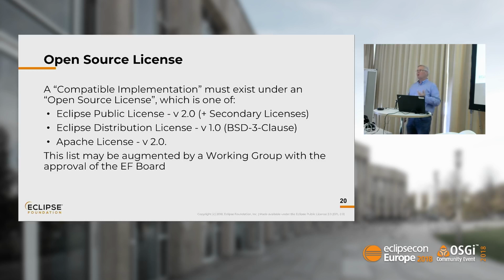Because the way things work at Eclipse is anytime we use a license other than the EPL, it needs board approval. The board has delegated to me, as the executive director, the ability to also approve BSD and Apache. But any license other than those three would have to be approved unanimously by the board. And I can pretty much guarantee you that if your suggestion is GPL 3.0, that's not going to fly.